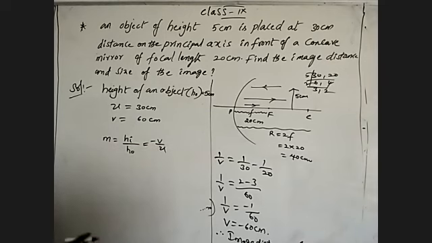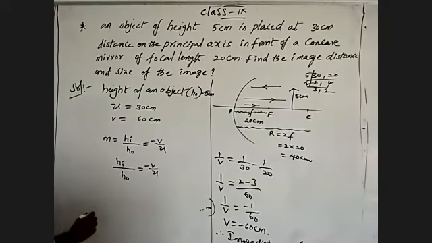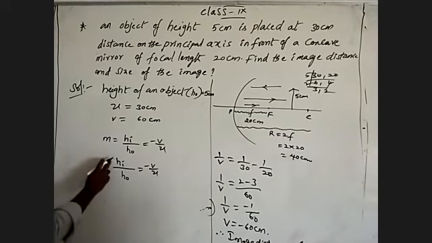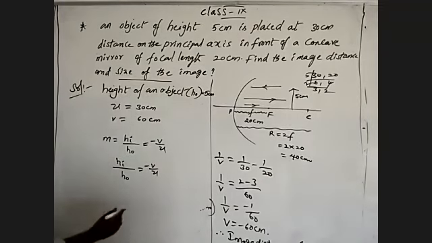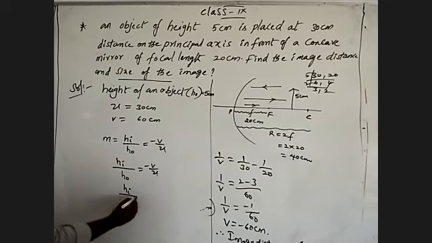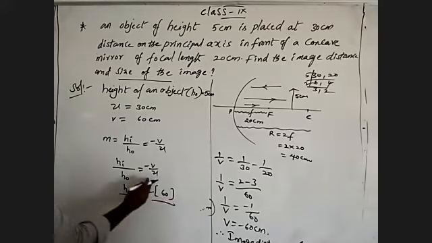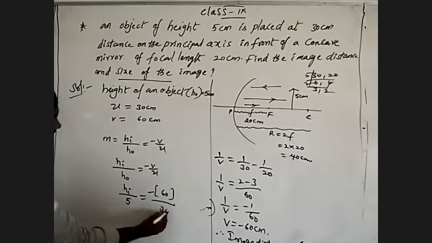Height of the image, the size of the image, we have to find. The height of the object they gave is 5 centimeter. So height of the image by 5 centimeter is equal to minus v, 60 centimeter, by object distance 30 centimeter.